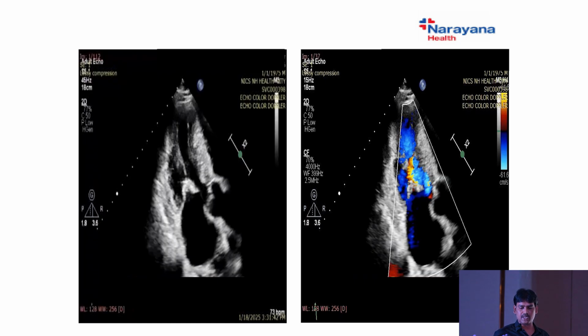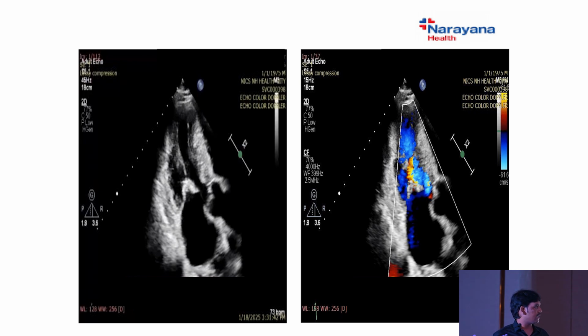Coming to the apical four chamber with color flow, the impression was the same. At mid-level there was more turbulent flow, and in the LVOT there was not much turbulence.